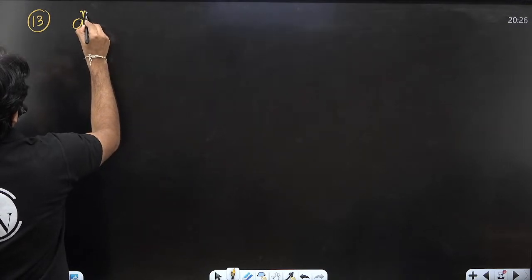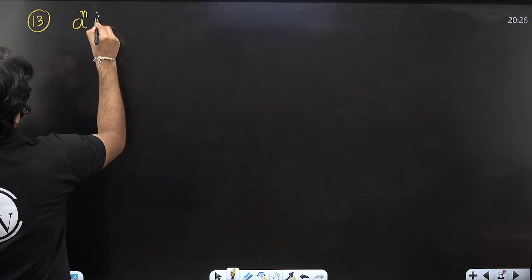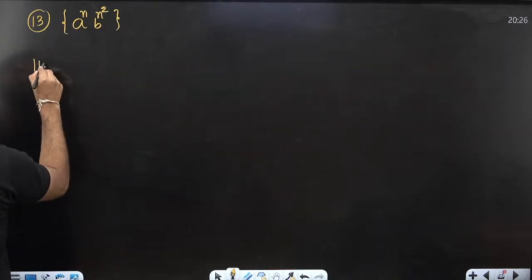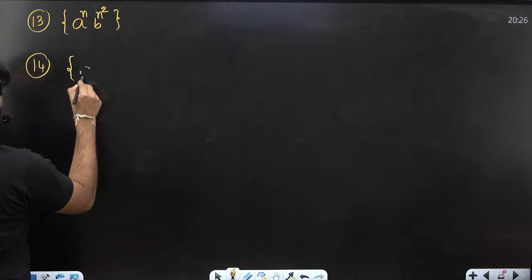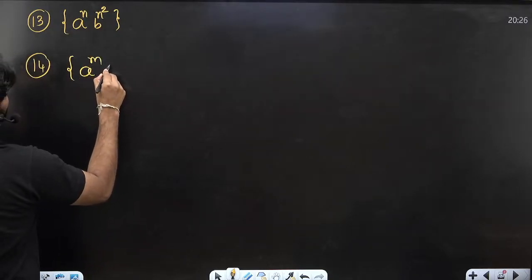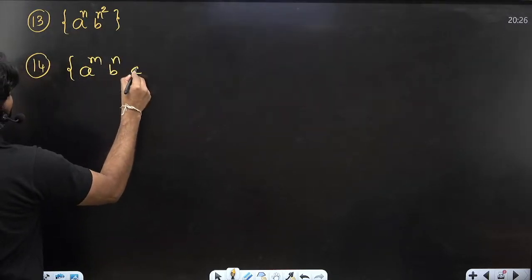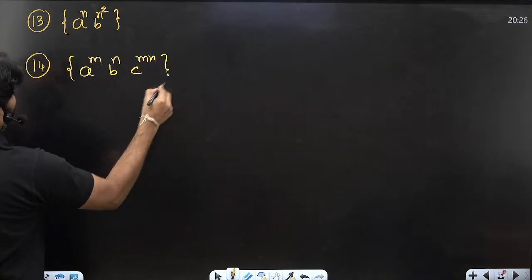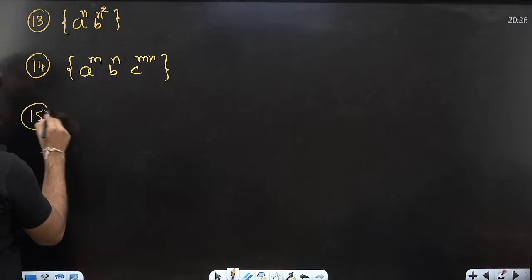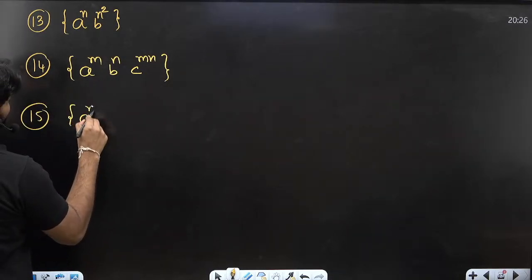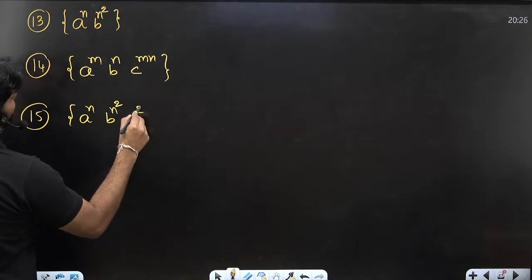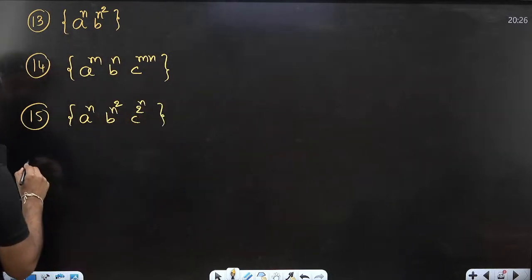A power n, B power n square. 14. A power m, B power n, C power mn. 15. A power n, B power n square, C power 2 power n. 16.